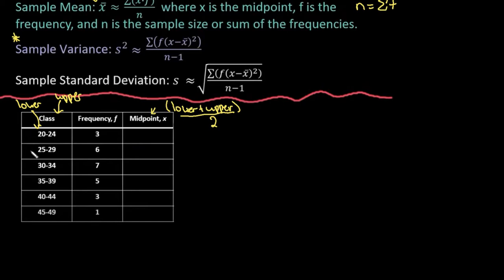And then I will just use the class width. The class width is what you add to get to the next lower limit. So I can just find the difference of any two consecutive classes. So 25 minus 20 would give me 5. Once I find the first midpoint, I add 5 to each of those to get the next midpoints. Like I said, I'm going to use Excel to help with these calculations.